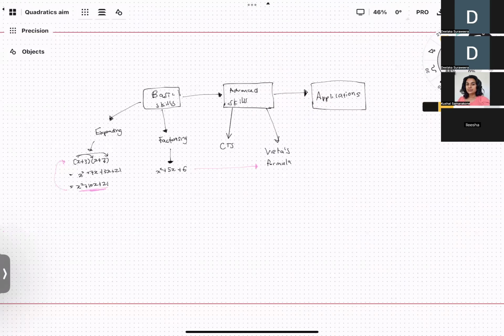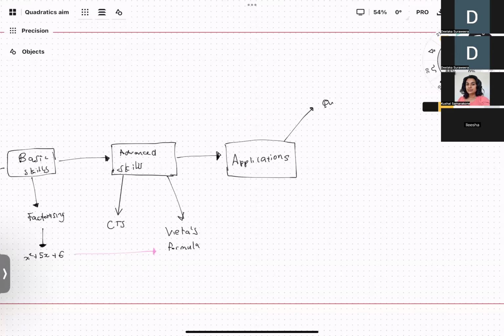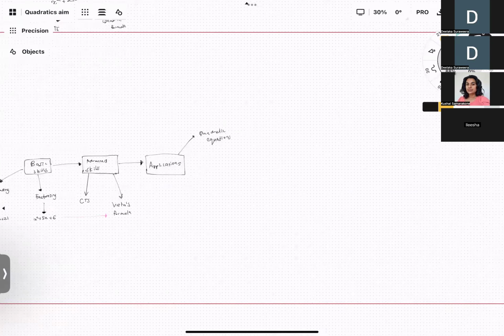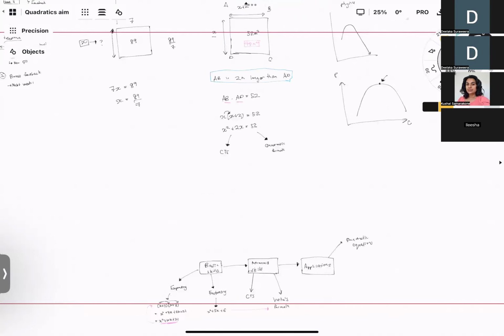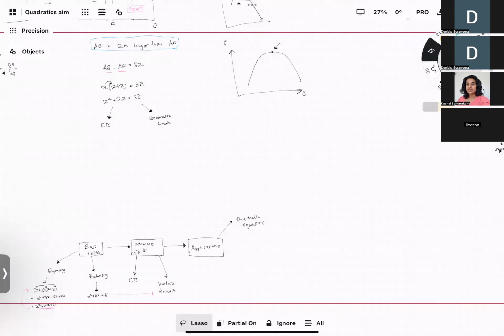And then by learning these skills, we get to the application, which is solving quadratic equations, which we saw before. Has anyone already learned things like completing the square? No, okay, that's probably a bit more advanced. So we will learn it.